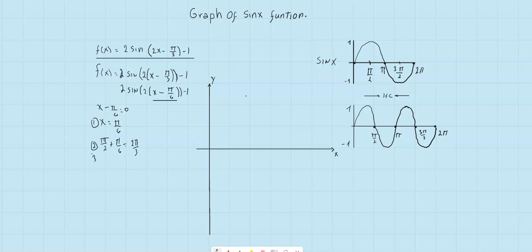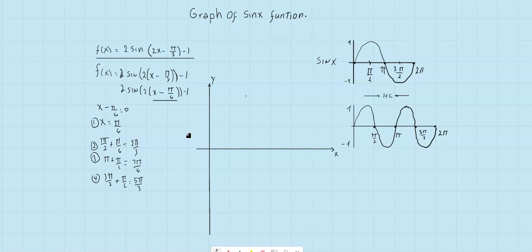My third 0 is going to be pi. So we're going to just add pi plus pi over 6, and this is going to be 7 pi over 6. Then my fourth one is going to be 3 pi half plus pi over 6, which I believe is 5 pi over 3.